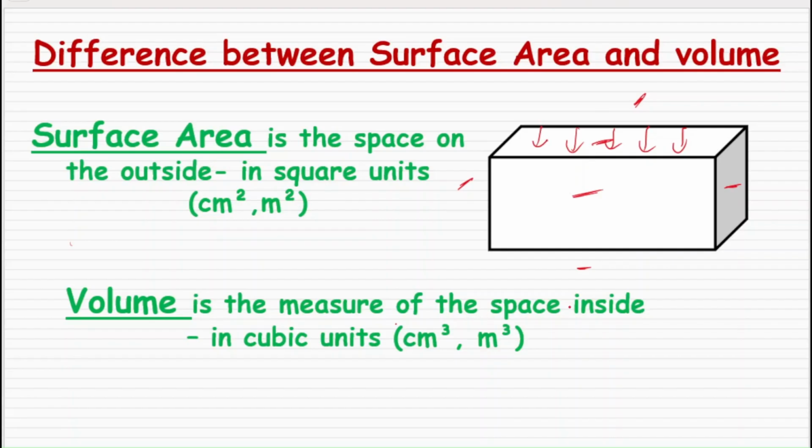So it is a measure of the space inside, and it is always measured in cubic units, centimeter cube, meter cube, foot cube, and all that. So you can think of the volume as the space inside, and the surface area as how much you need to, suppose, paint the room or wrap the gift. Okay, so the outside boundary or the outside surface is surface area, and the inside space is the volume.